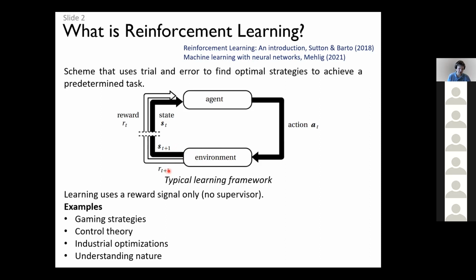obtains a reward that somehow quantifies how well this action worked with the environment, so the outcome of this interaction with the environment. And this reward the agent uses to build up some experience.